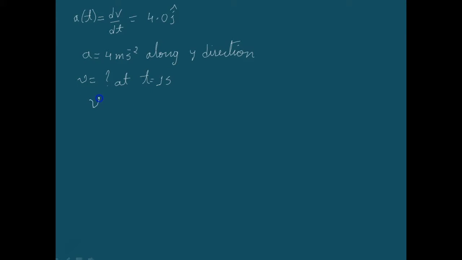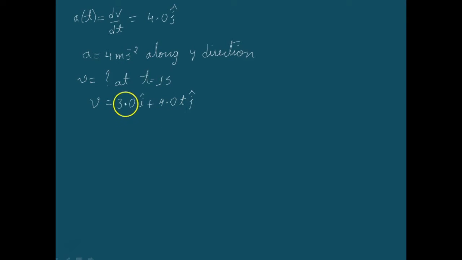The magnitude of v can be found by using the value of v, that is 3.0 î plus 4.0 t ĵ.